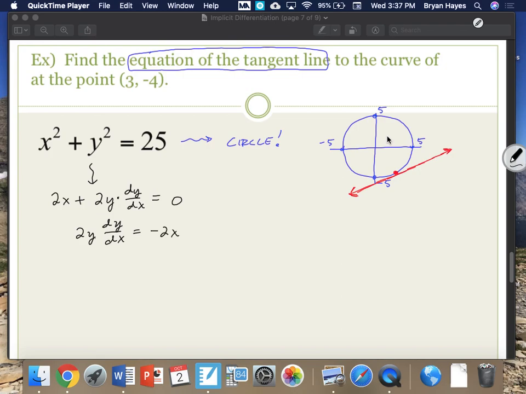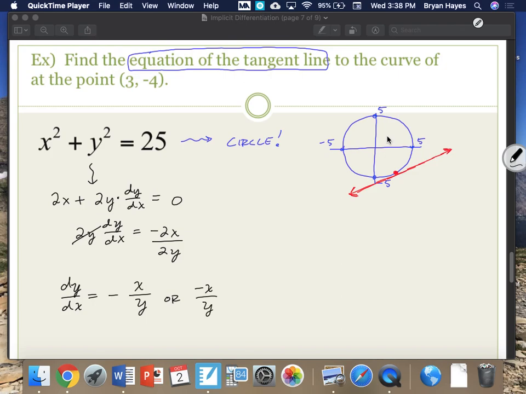And we can divide out our 2y. If we simplify this down, I think we can just call that negative x over y. You can put that negative out front, or you could say negative x over y. However you want to associate that negative, it's up to you.